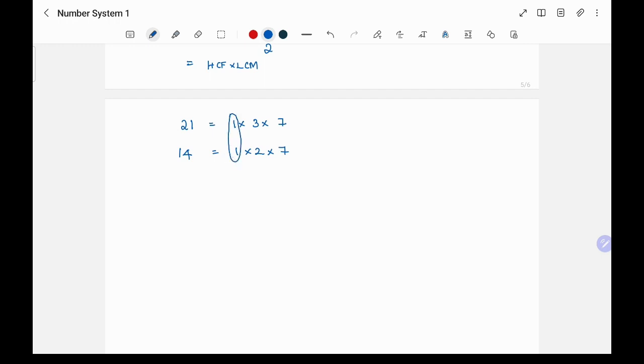So 21 into 14 will have 1 into 3 into 7 into 1 into 2 into 7. Now HCF will be 1 into 7, right? And for the LCM, whatever is mapped we write once, and whatever is unmapped we write as it is.